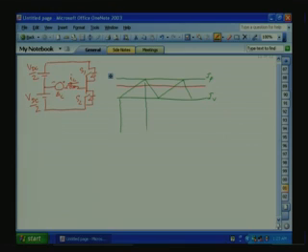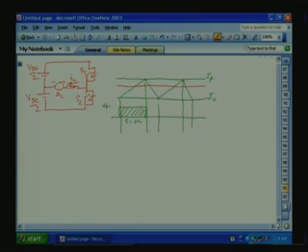Let us see what is the switching sequence based on this one. So when the slope is positive, we are turning on S1. This is S1 on. During the negative slope, that is minus VDC by 2, we are seeing the voltage VA0, this is VA0.